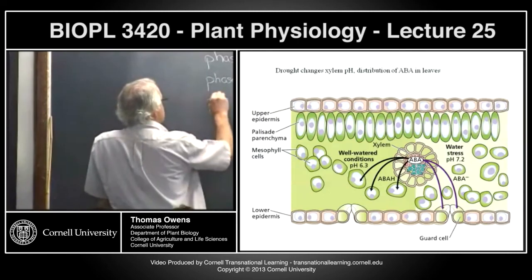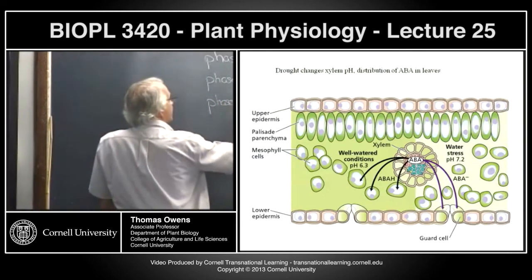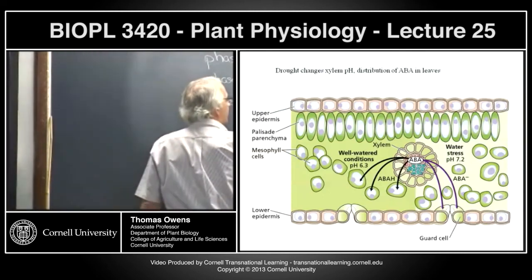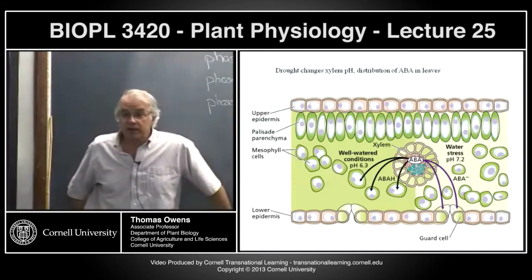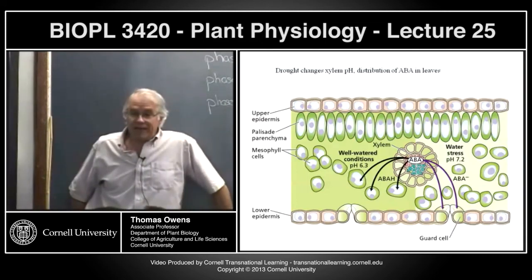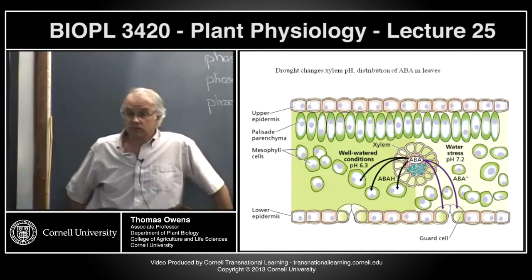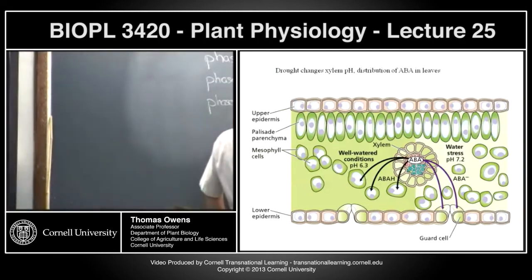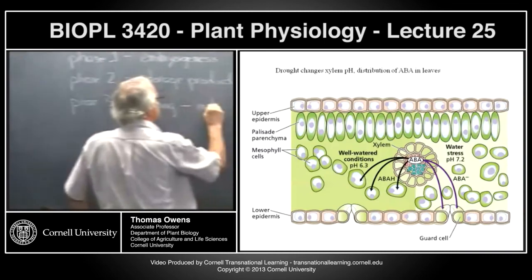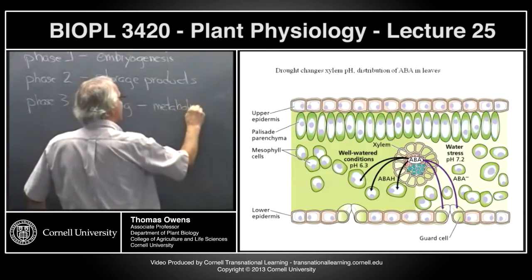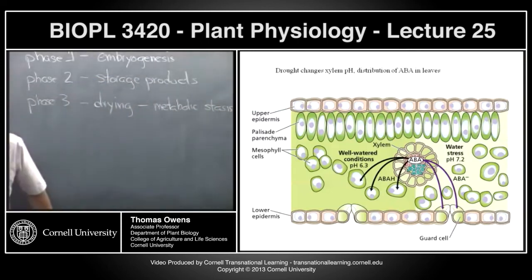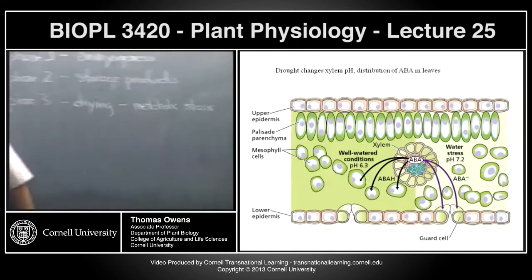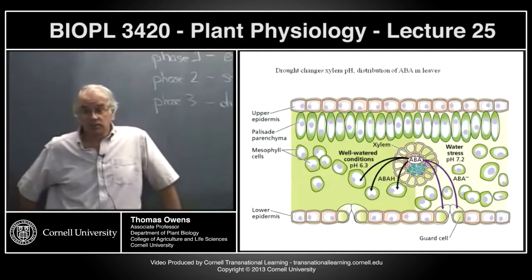And the last phase is drying down. Seeds typically lose 95 to 98% of their water in this drying down phase. And what this also includes is sort of metabolic stasis. Suspended animation, basically, for the embryo. It's dried, the metabolism is basically stopped.